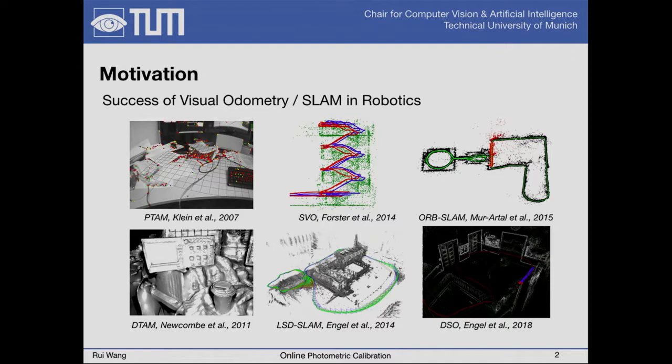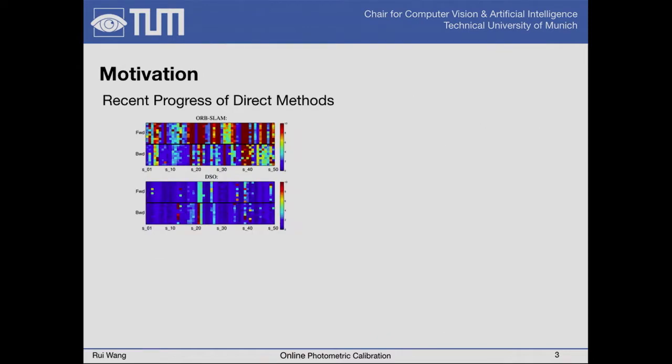The first three belong to the family of feature-based methods, and the second three belong to the family of direct methods. Recent progress of direct methods has shown superior performances over feature-based ones on certain datasets. So here is an example of the performance of DSO and also of SLAM.